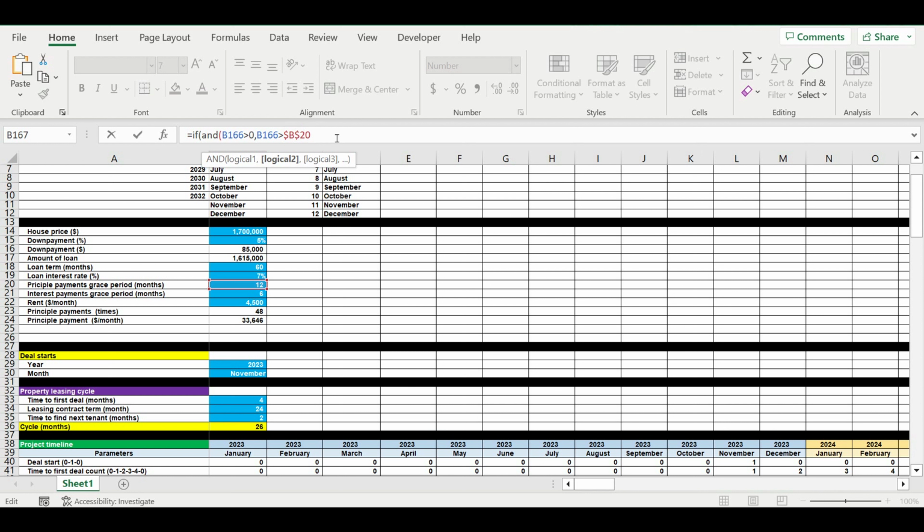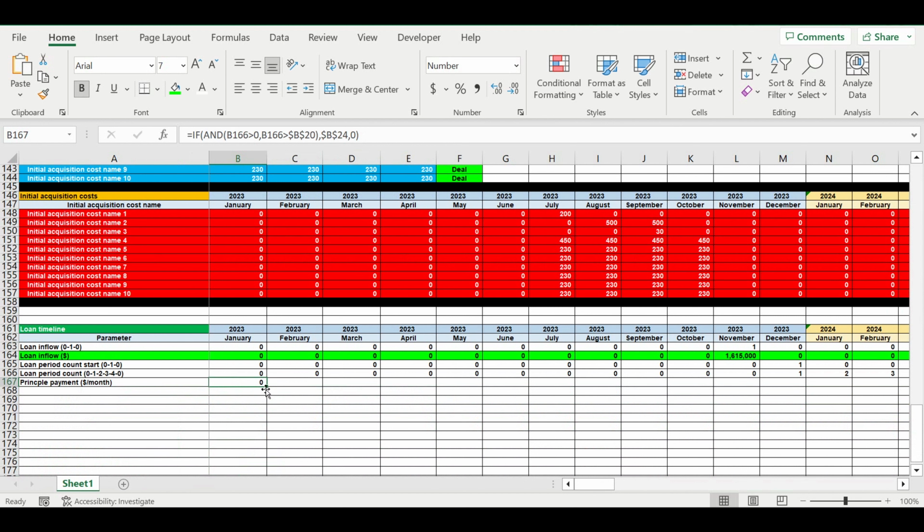So we are freezing this value. If this is more than the grace period, then we will place here the principal payment. We are freezing this cell as well, otherwise 0.